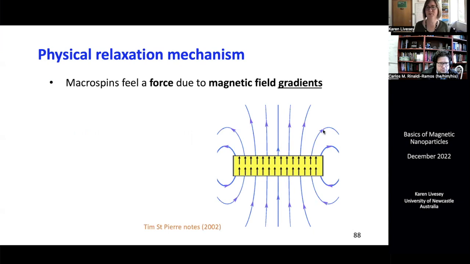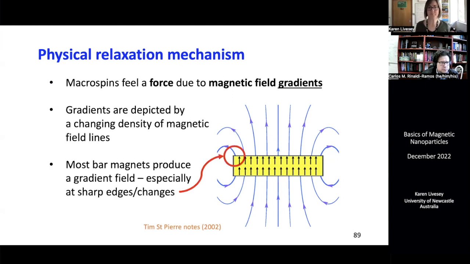And this is the field that's predicted from that bar magnet. If I put a macrospin up here, there's no field gradient or very little field gradient, so not much will happen to it. But if I can be, say, down near these corners where the field is really changing its direction and its magnitude quite strongly, that's where I'm going to have a large force.